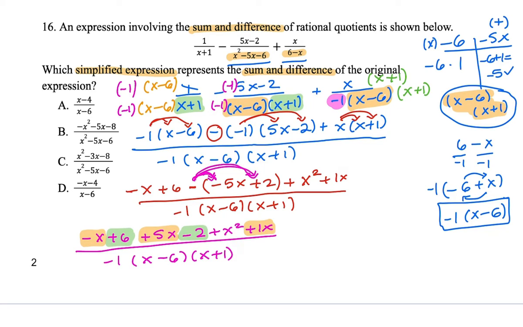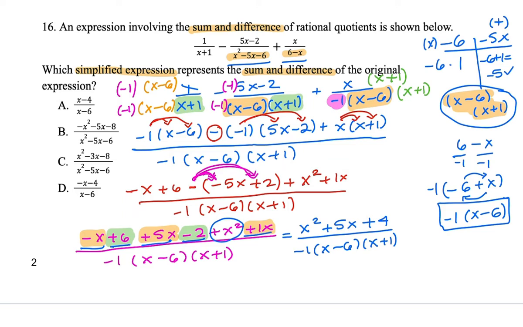So then that is going to leave me with an x squared, because I like to put the powers of 2 first. And then negative 1 plus 5 is going to be 4, plus 1 is going to be 5x. And then 6 minus 2 is going to be a plus 4. All of this divided by a negative 1 times x minus 6 times x plus 1.